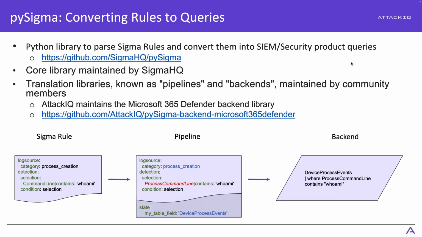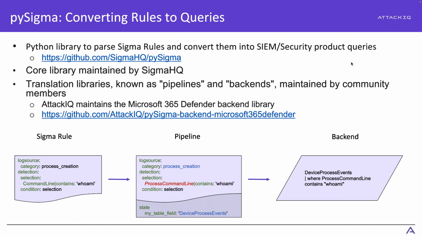These are libraries that either transform the rule itself to give it different field renames, which is the pipeline, with field renames depending on the product that you're translating to. Backends do the actual converting to the query language.